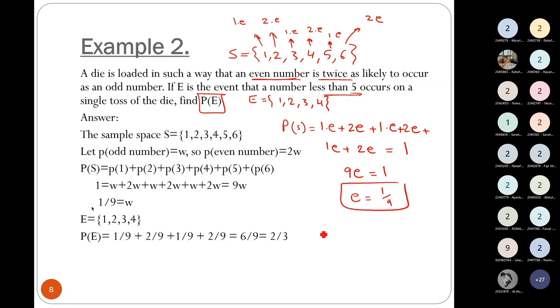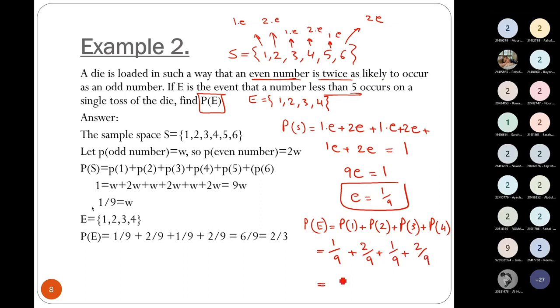Now, if we need to find the probability of the event E, this equals the probability of 1 plus the probability of 2 plus the probability of 3 plus the probability of 4. The probability of 1 equals 1 over 9, because this is 1E. The probability of 2 is 2E, so 2 over 9, plus 1 over 9, plus 2 over 9.